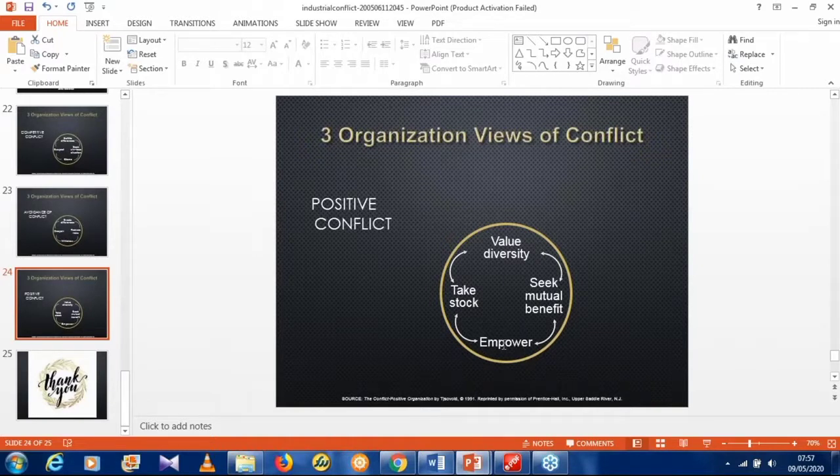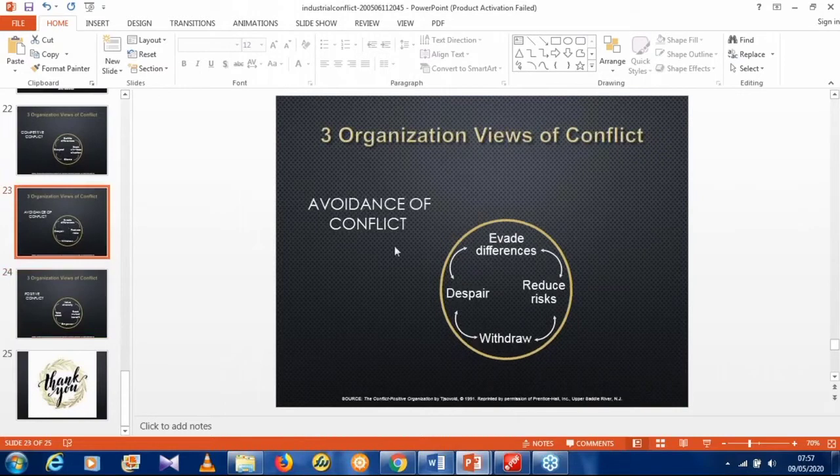So whichever way we are going, whether clockwise or anticlockwise, we are achieving the same thing. But for avoidance of conflict, you have evading differences, trying to reduce risk, withdrawal, and despair. These are the constituents of avoidance of conflict.